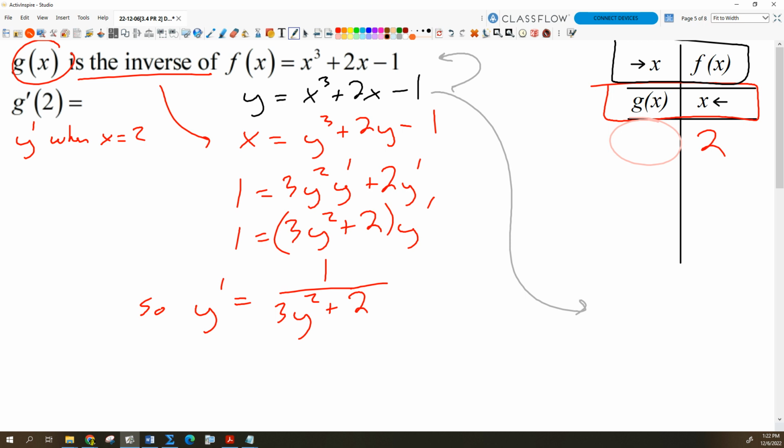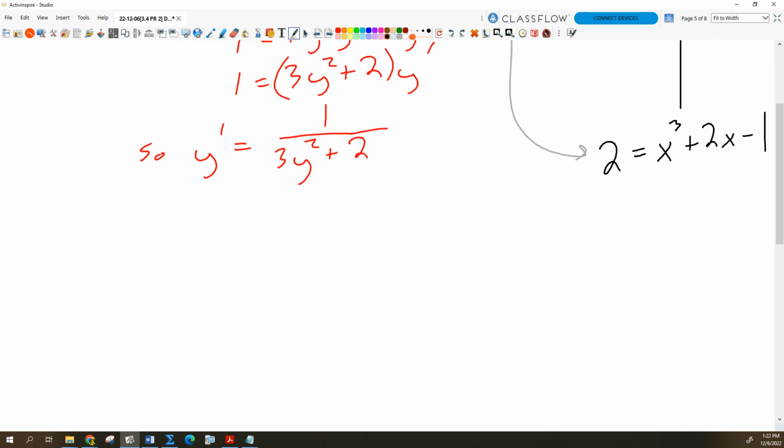So I'd be plugging that 2 in there, and I would get the result 2 equals x cubed plus 2x minus 1. I can do that. And what's the answer going to be? What's the solution there? x equals 1, right?